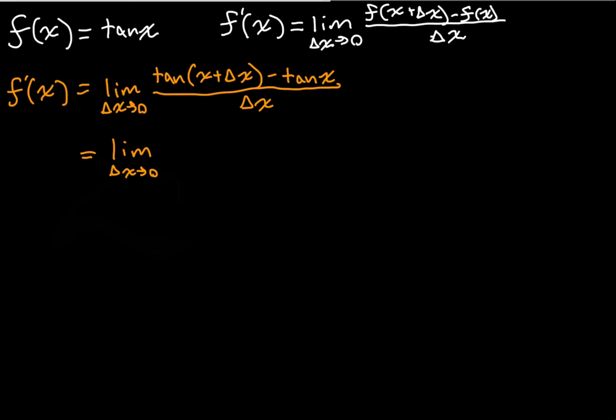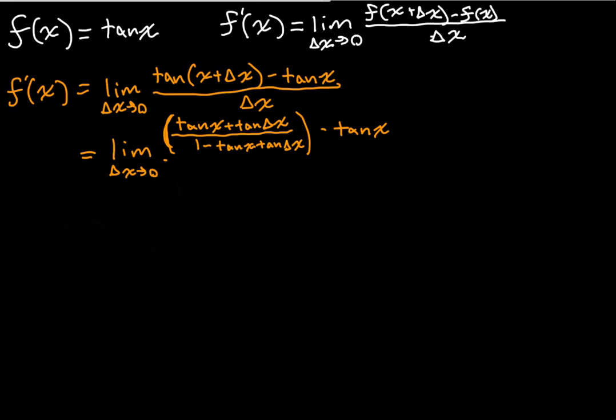Sorry, I mixed that up with something else. It's the tangent of x plus the tangent of delta x over 1 minus tangent of x tangent of delta x. Okay. So that's not the most pleasant thing we've ever seen, but it's not terrible.